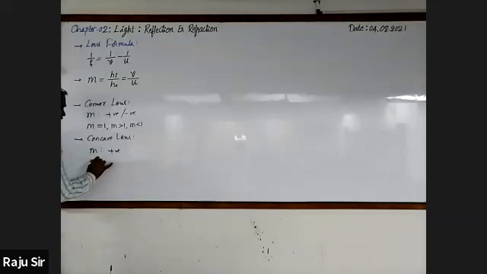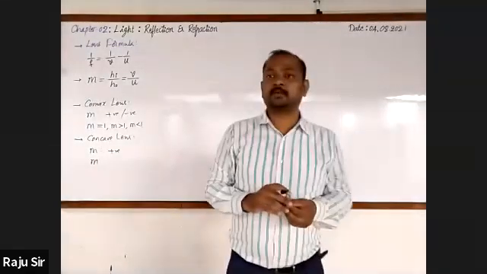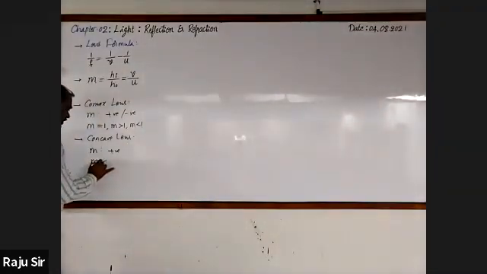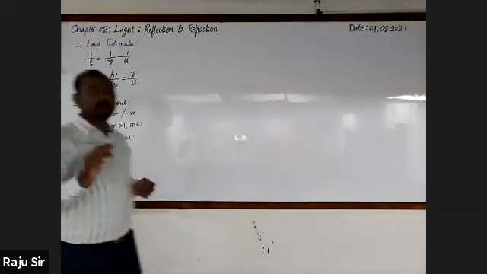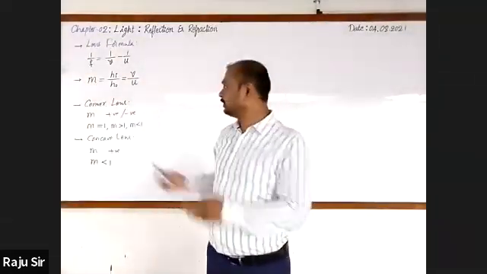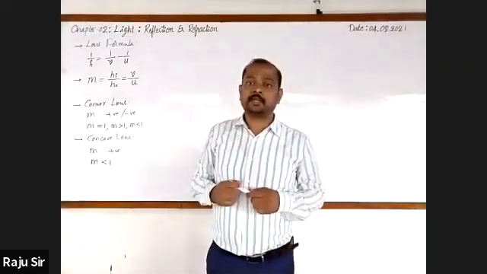Its value is always less than 1. If the magnification is positive and less than 1, you can say that the image is formed by a concave lens.